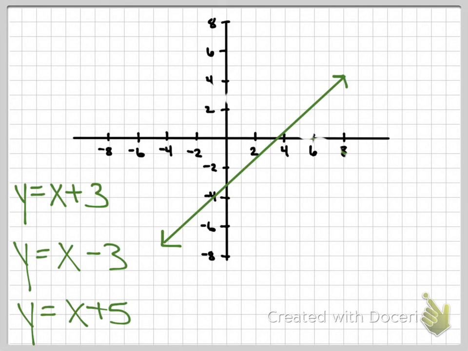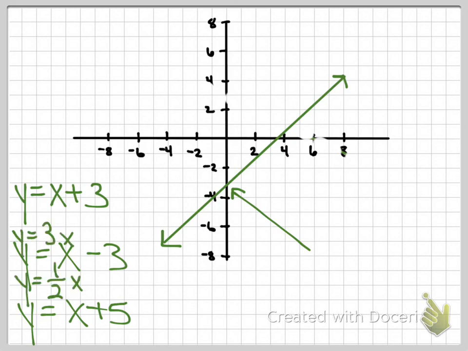How do you know it's the second? Because the line intersects at -3, so this is the function that it matches with. Isn't that way easier? Okay, so you can just look for that value right here at the end, match it up with where the line intersects, and you're good to go. All right, so hopefully that'll help you on numbers 2 through 4 on your homework tonight.